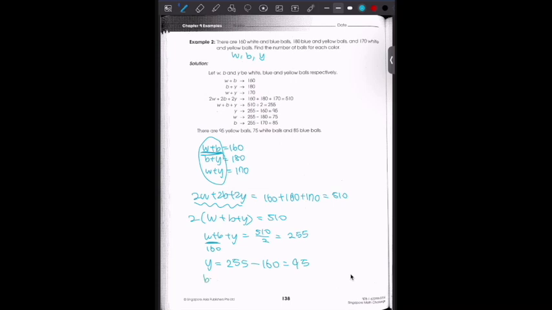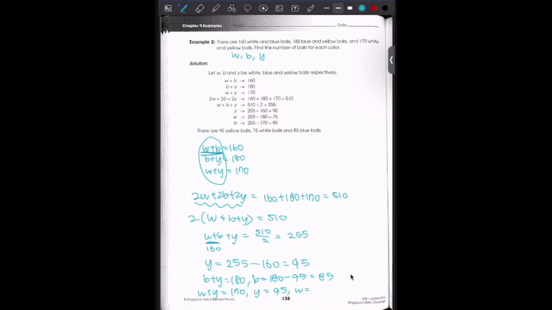Then we know that since B plus Y is 180, and Y is 95, B is going to be 180 minus 95, so that's going to be 85. And then we know that W plus Y is 170, and Y is 95.